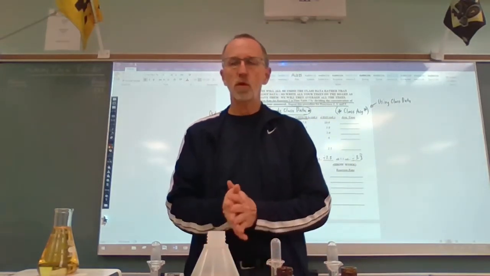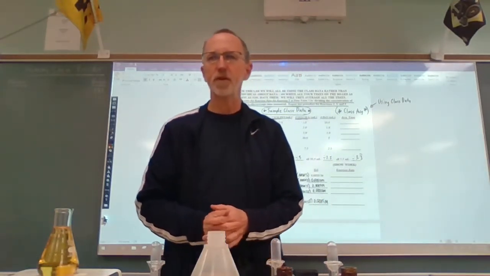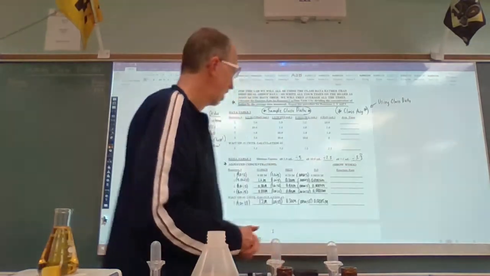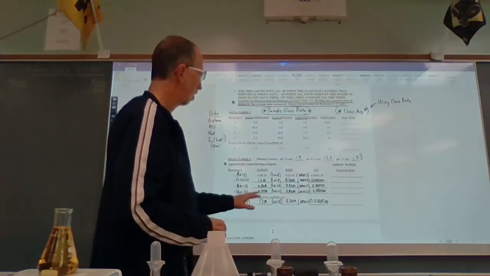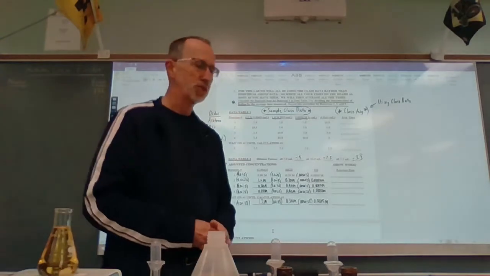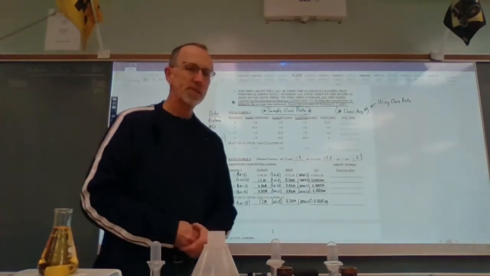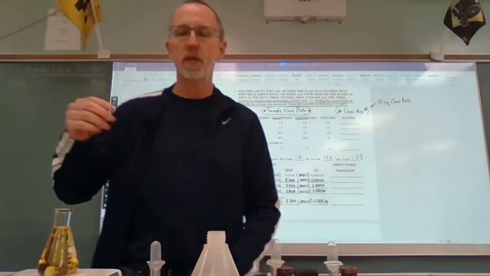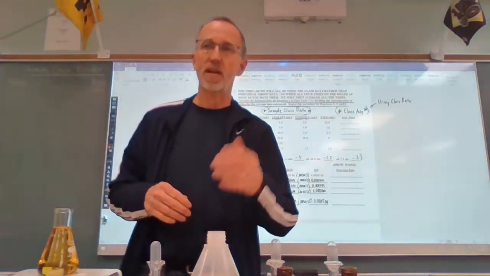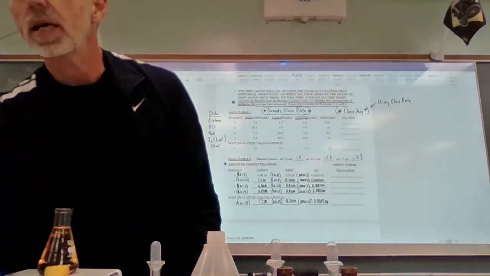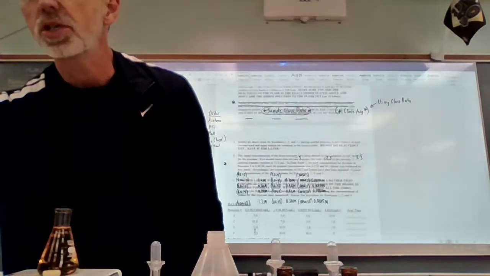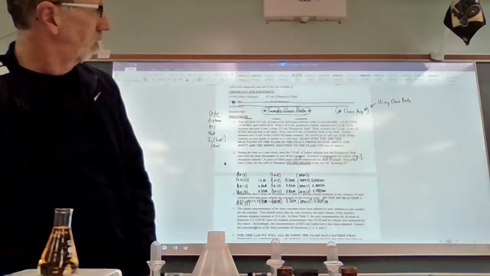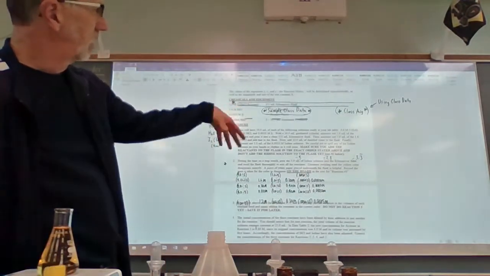Okay, so now we're going to go back to the front page and take a look at the procedure. Now that we have all of our adjusted concentrations, as we mentioned just a bit ago, we will use them in determining our rate law, in particular our reaction orders, and then ultimately our rate law. So as I go back here to the front page, of course we've got a lot of lines and numbers in there.